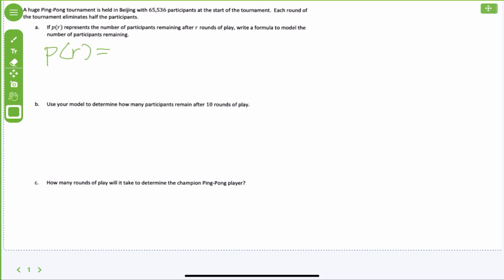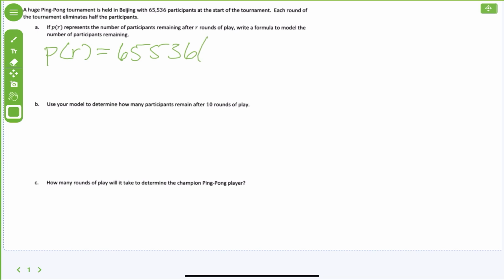Okay, however much money you're putting into the bank or however much money you're taking out, that's what you're starting with. So here we got to start with our population, which is 65,536.